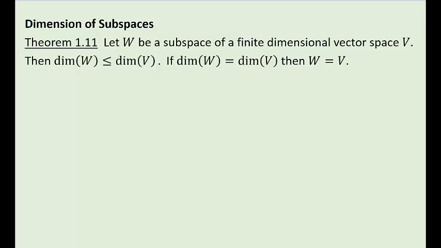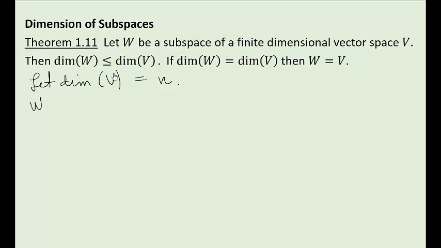The dimension of subspaces, I'm sure won't surprise you, is always less than or equal to the dimension of the vector space. But let's prove that. Let W be a subspace of a finite dimensional vector space V. Let's let the dimension of V be n.